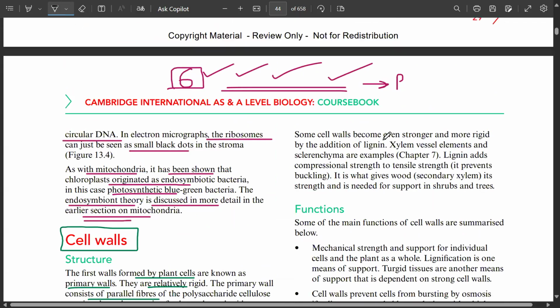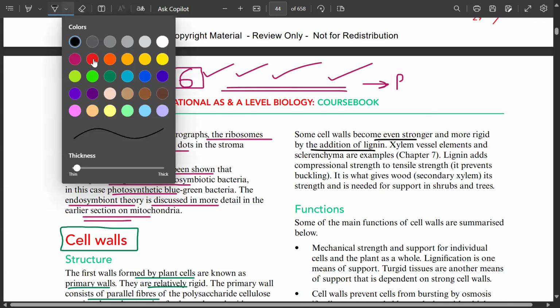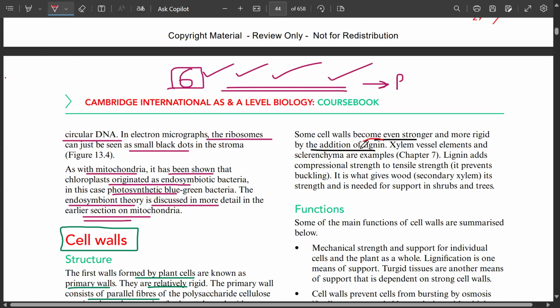Some cell walls become even stronger and more rigid by the addition of lignin. What is lignin? It's present in xylem vessels, and it makes them strong and rigid.